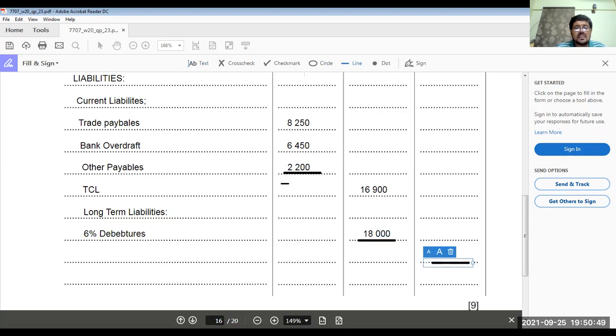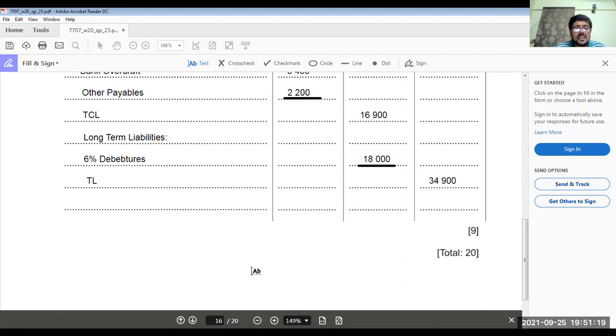Okay. Total liabilities. 16,900 is your current liabilities. 18,000 is your long-term liability. 34,900 is your total liabilities.